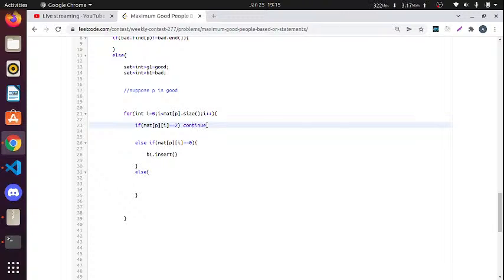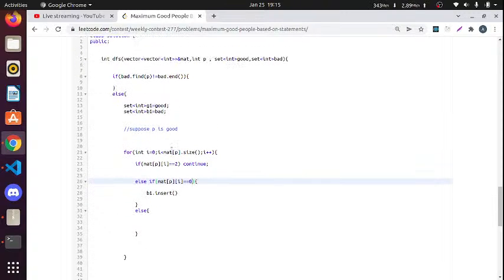Okay, fine. And then if it is saying that P is, that person is false, is 0, it means that person is false. So we have to check whether we have taken him in good or bad, right?